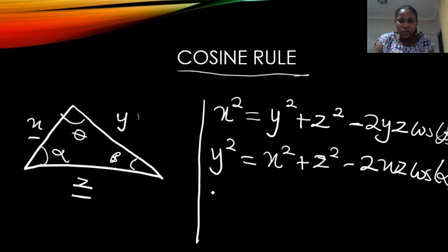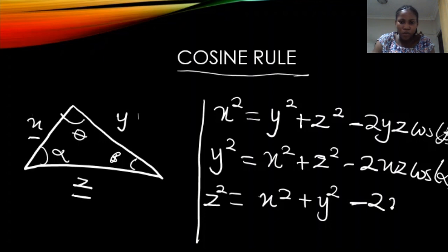Let's take z too. For z, we have the same thing. The square of this is equal to x squared plus y squared minus 2xy cos of the angle between them.